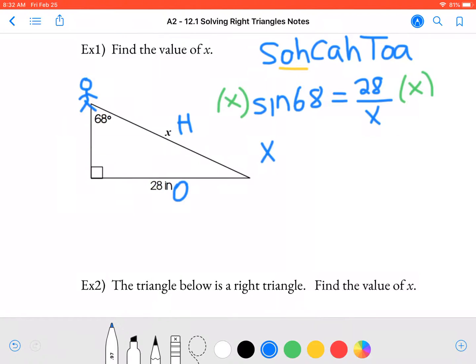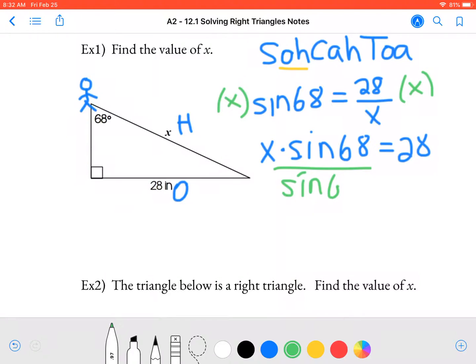So I get x times sine of 68 is 28, and then I divide both sides by the sine of 68. What you're typing into the calculator is 28 divided by the sine of 68, and that gives you approximately 30.2 for the value of x.